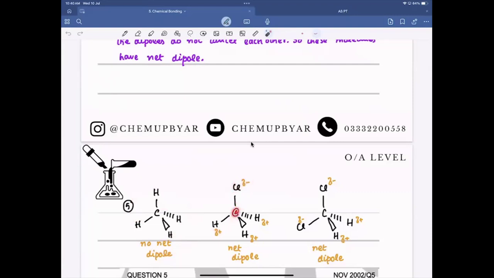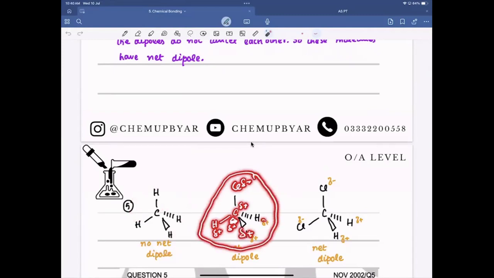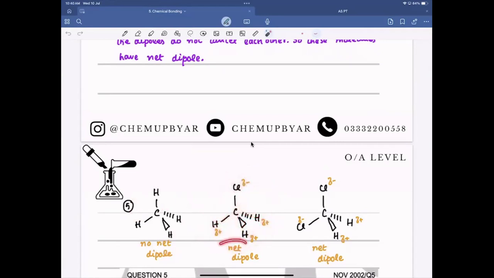If I am comparing this carbon with the hydrogen, then this carbon is considered partial negative. But with chlorine, it's partial positive, because chlorine is among the most electronegative, right? So in this case, this end becomes negative and this whole side becomes positive. So it has a net dipole and it's a polar molecule.